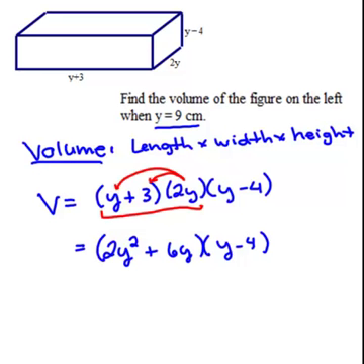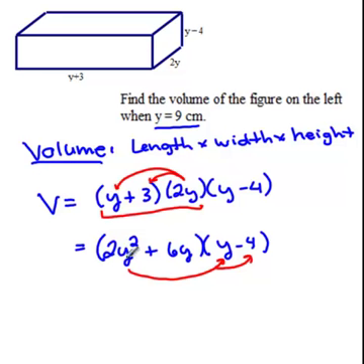Now that I have a binomial times another binomial, I am going to FOIL, which is the same as distributing. I'm going to take my 2y squared and distribute it to those two terms. I will do the same thing with the 6y in just a minute, but let's do the 2y squared first.